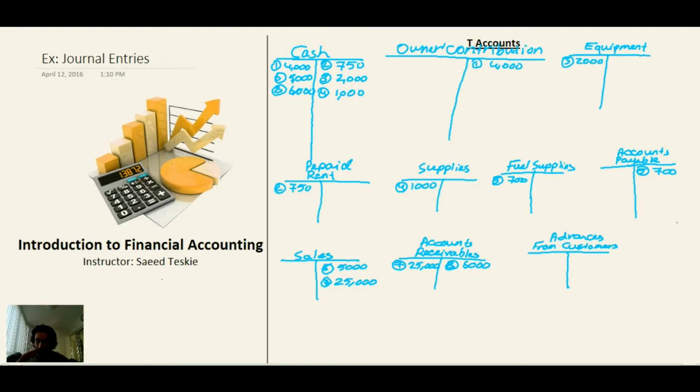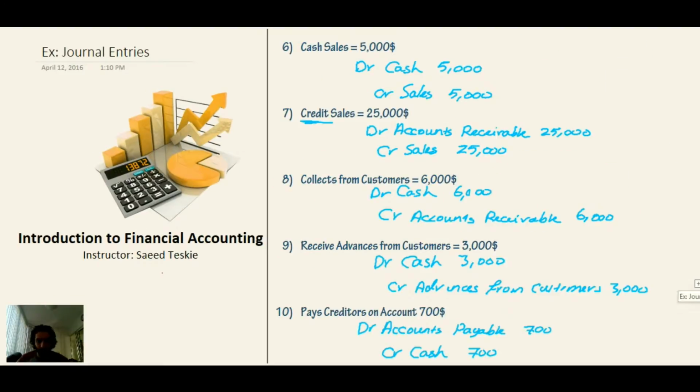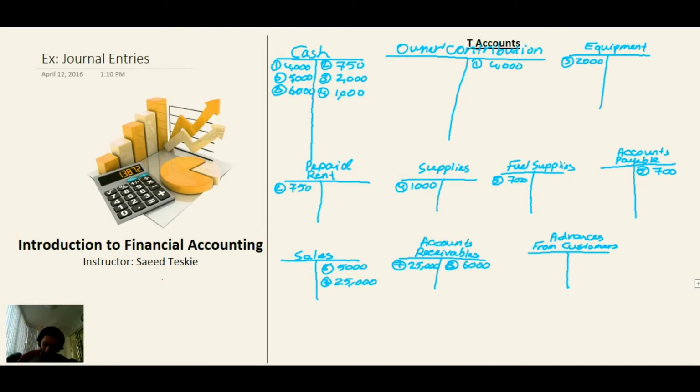So cash increased 3,000 and here increased by 3,000.